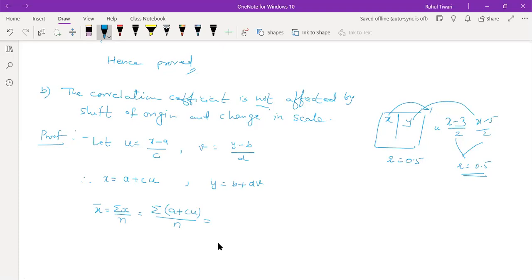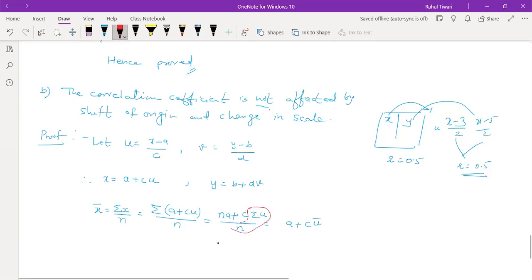NA, right? When you repeat that constant N times, it's going to be NA. So it's going to be NA plus C times summation of U upon N. This is going to be A plus C times U bar, because summation of U upon N is U bar according to the definition.